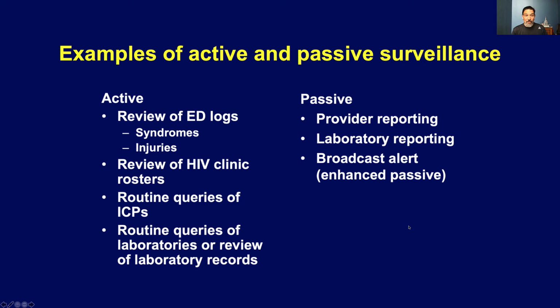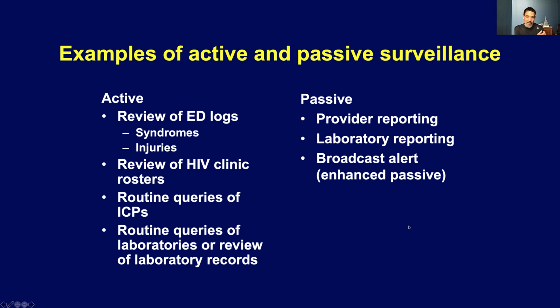Whereas, as I mentioned, passive surveillance is more like you're relying on providers and laboratories to gather that information and submit it to the health department in some kind of hopefully streamlined system, so that the health department can get that information and use it.